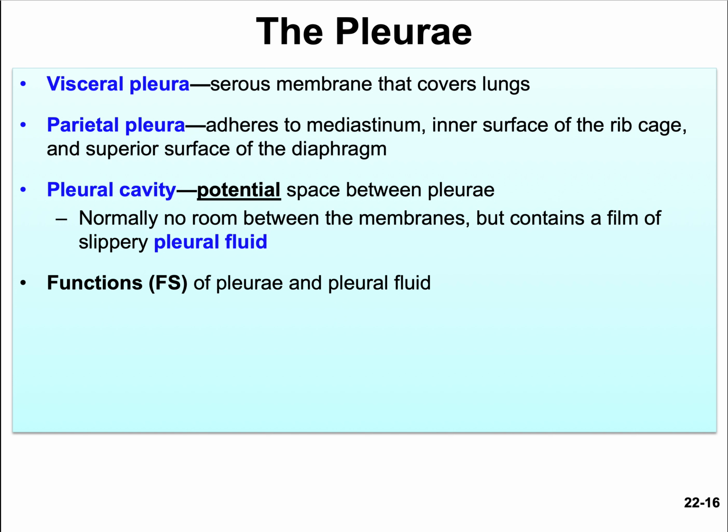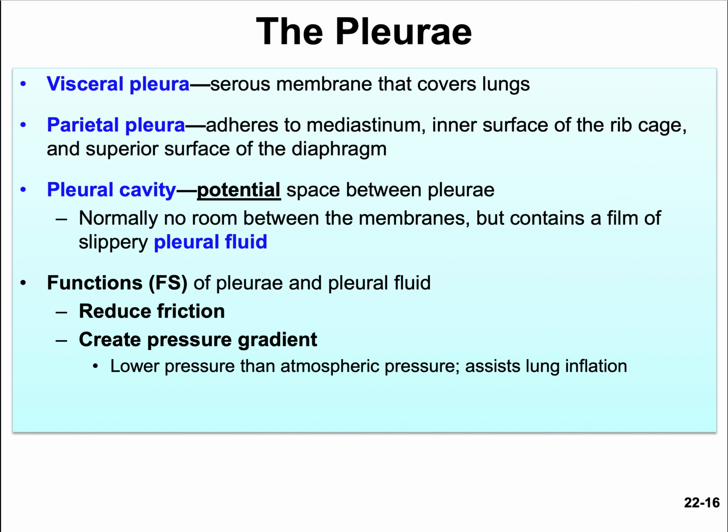What is it that's going on with the pleurae and the pleural fluid? Well, for one thing, as you breathe in and out, it reduces friction, because there would be some friction on the lungs. And it helps to pass along the pressure gradient that helps then to lower the atmospheric pressure inside your lungs. So as you expand the chest cavity, it lowers the atmospheric pressure inside the lungs and it assists in inflation.